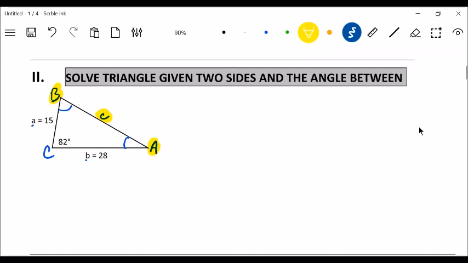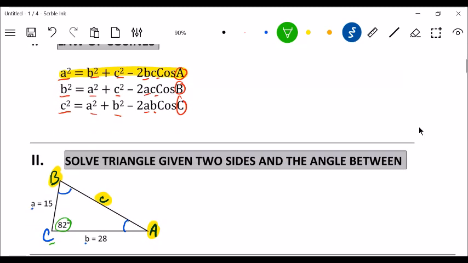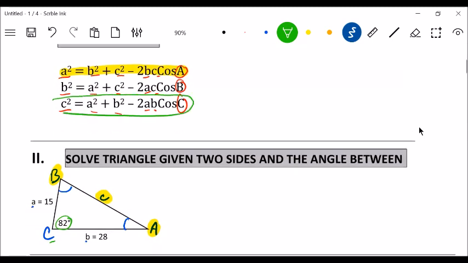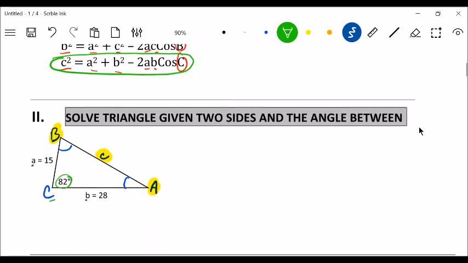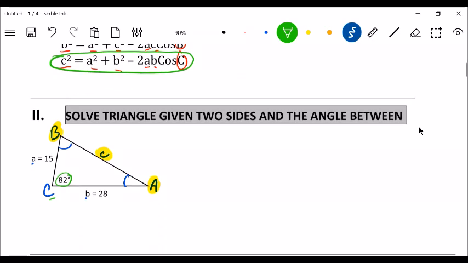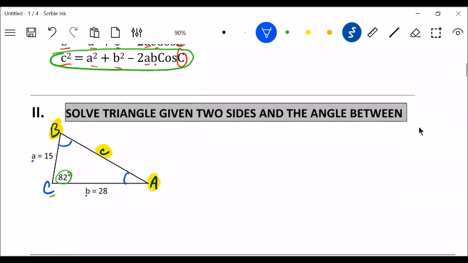I look at the information that's given: I have one angle, which is C, and the two sides on this, and that angle is between two sides. That means I can use one of these formulas. In this case, I'll use this one. They're all the same, it's just a matter of which one I use.